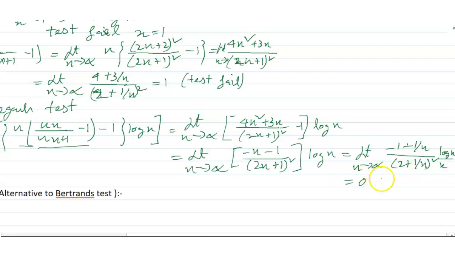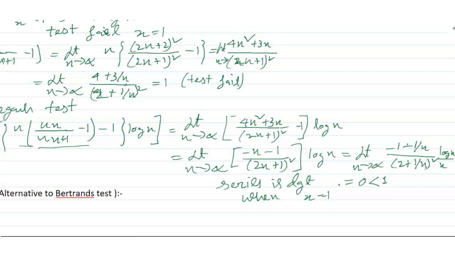So 0 is obviously less than 1. So the series is divergent when x equals to 1.